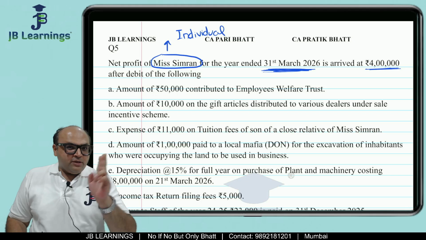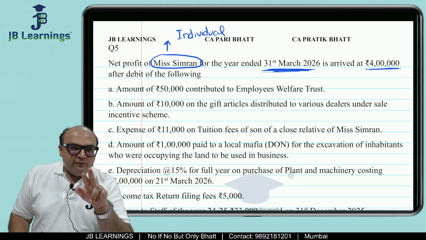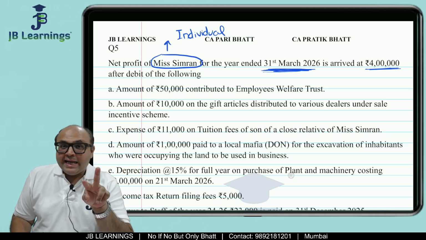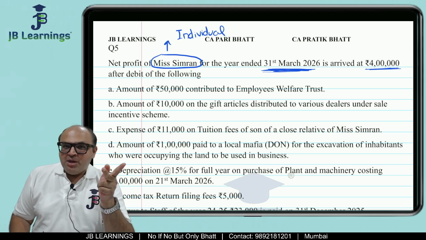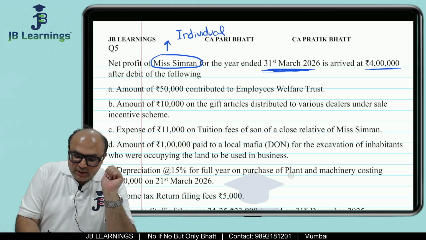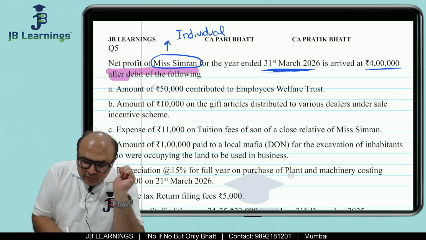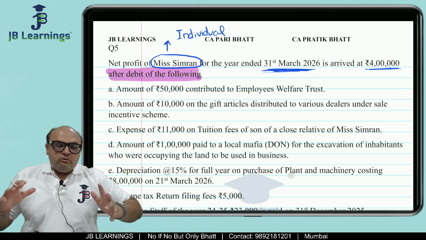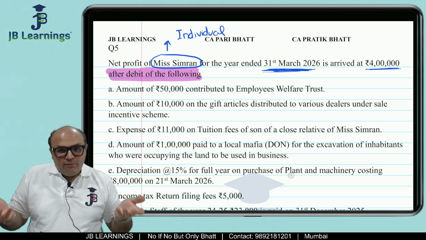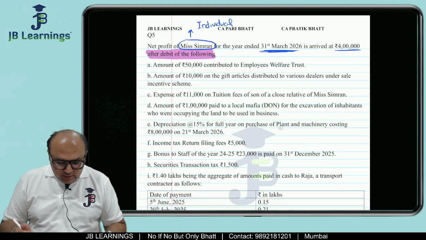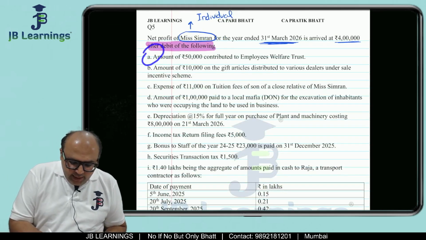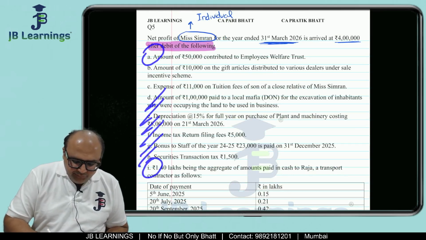See friends, in the first two questions, it was after debit or credit of the following. But now in this question, I have kept only after debit of the following. So now this has become very simple for you all, that all these adjustments from A to I are debited.